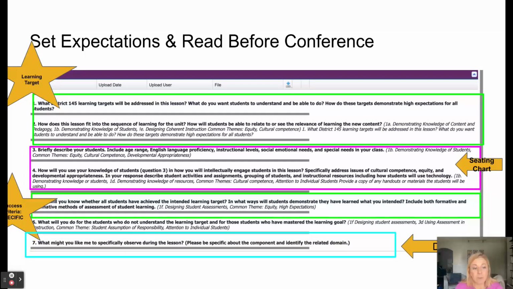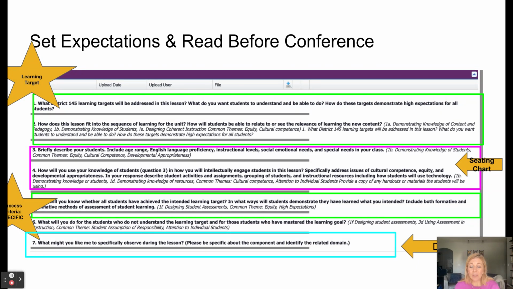The first part of a pre-conference is a teacher completing a pre-conference form. And for administrators, it's important to set expectations and to go over what those expectations are every single year. You see, for some teachers, once they're permanent, they may only fill out the pre-observation form once every 3 years.